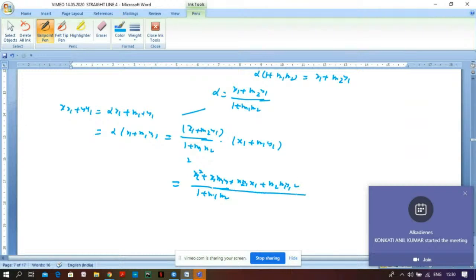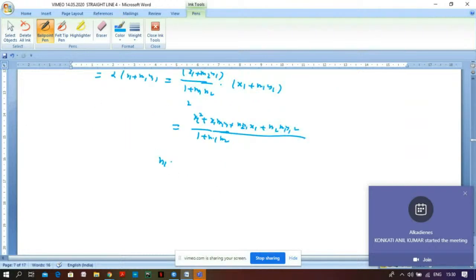And in the last, I can write m1 plus m2 is negative of 2h over b, and m1 m2 is a over b.